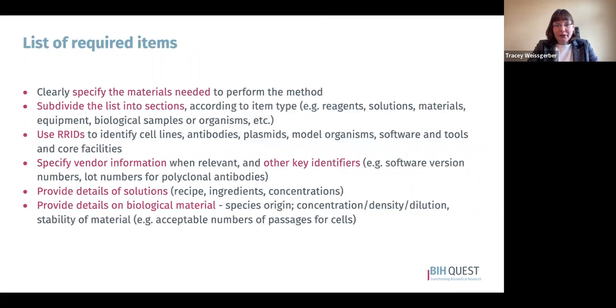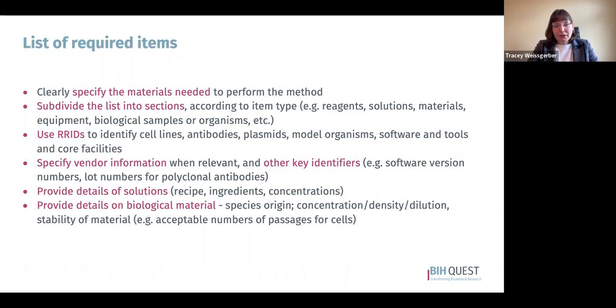The list of required items. This is a really important thing. It's like an ingredients list for a recipe. It tells us what we need to complete the protocol. So there are a number of things to keep in mind when you're preparing this list. The first thing is you want to clearly specify what materials are needed to perform the methods. And this includes not only materials, but also equipment, perhaps model organisms, software, anything that you need to do this particular method.